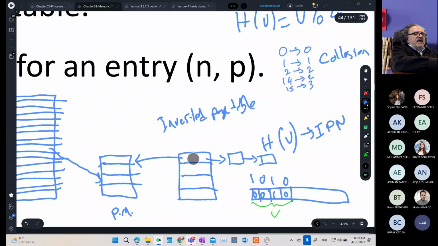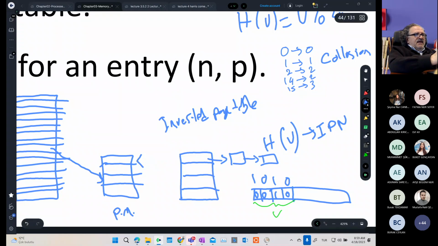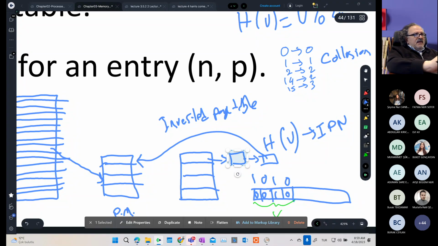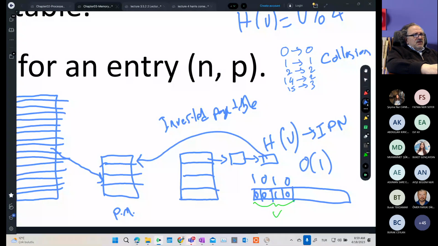Once you know where your page frame is, you follow this linked list, and after that you will say, okay, I found mine. So it requires you to make a search in this linked list. But luckily, the whole operation can be done in O(1), right? Because you learned the data structures course.